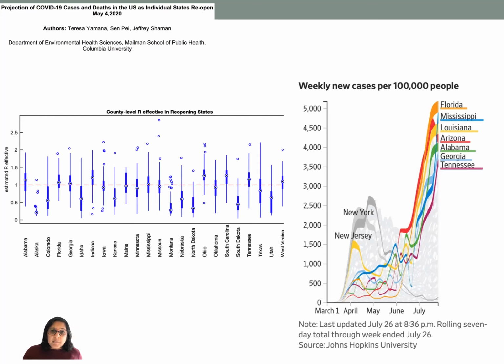In Mississippi, it was right at 1. In Tennessee, it was above 1. So it's not surprising that once these states decreased their lockdown measures, the number of cases expanded because the epidemic was already growing slowly. And now you're releasing these measures that are keeping people apart. So now they're interacting with each other on a close basis again, and the number of cases spiked.